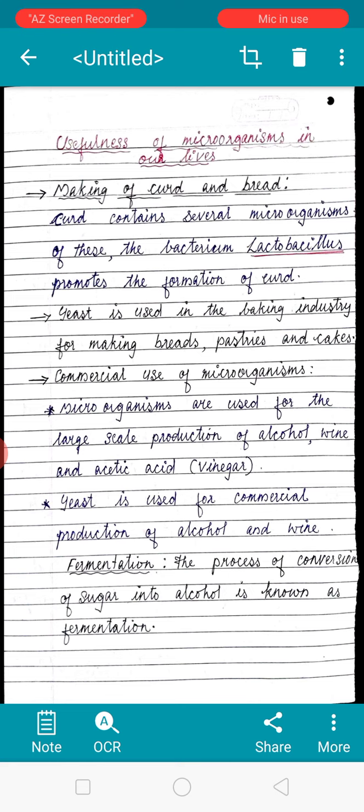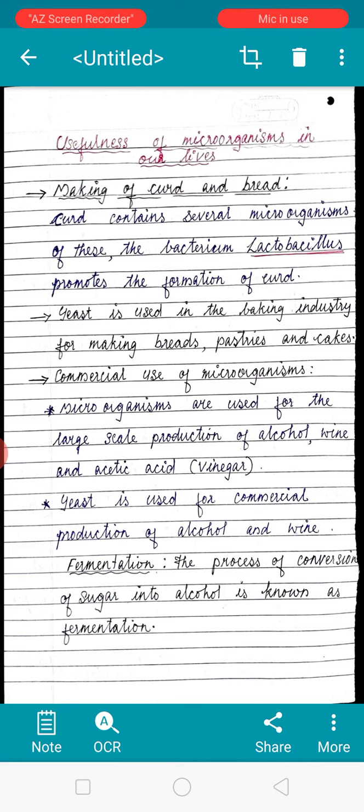Curd contains several microorganisms. Of these, the bacterium lactobacillus promotes the formation of curd. So, the bacterium that helps in the conversion of milk to curd is lactobacillus. Another microorganism, yeast, is used in the baking industry for making bread, pastries and cakes.